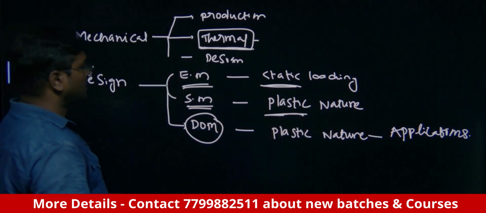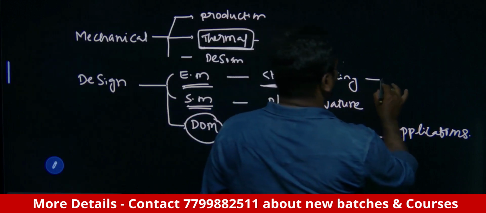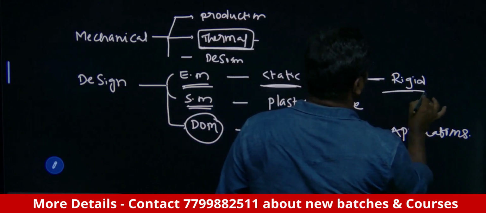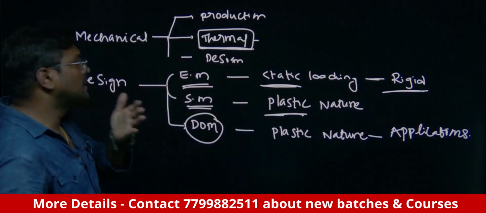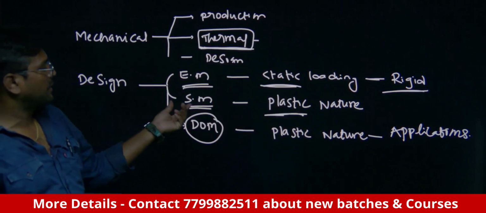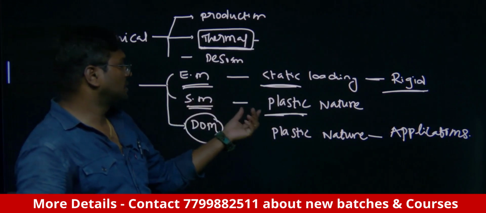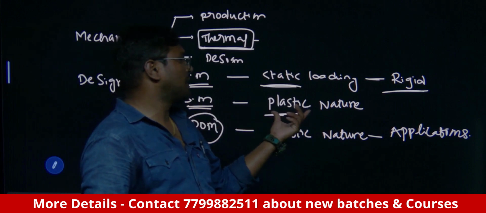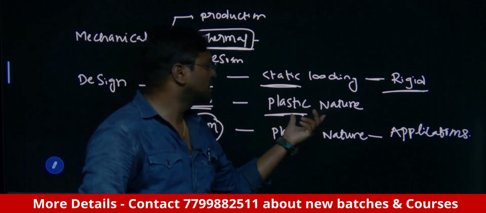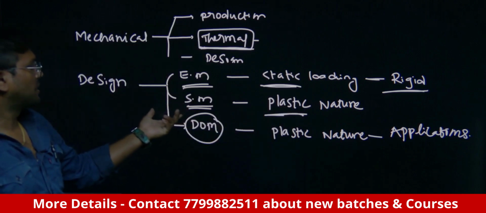See, this is rigid nature, like bridges and structures. These come under rigid structures. Strength of materials is solid mechanics, mostly dealing with plastic natures. Plastic nature means ductile materials and brittle materials. These we study in strength of materials.